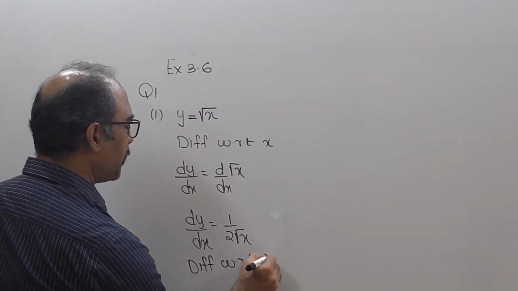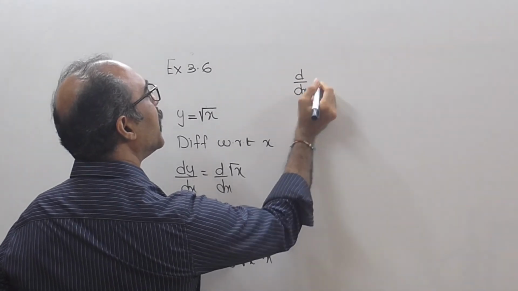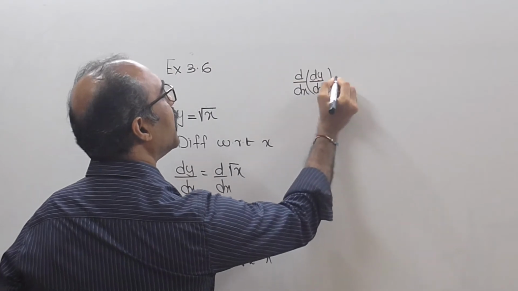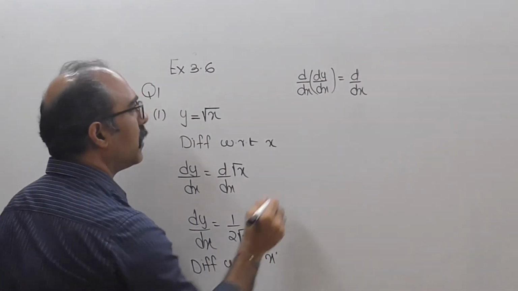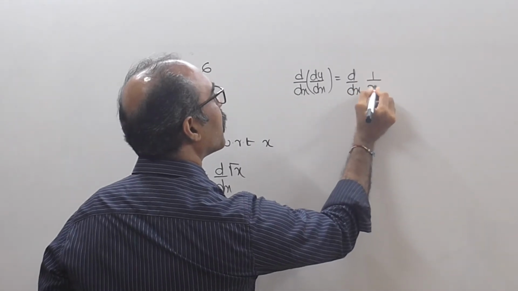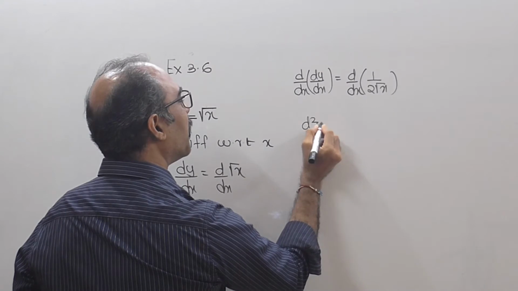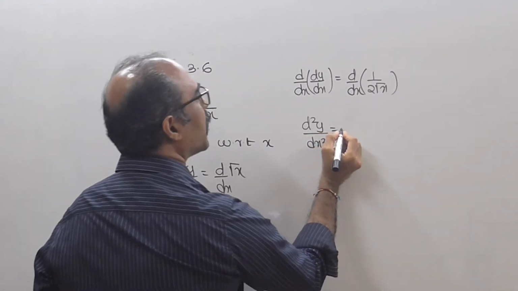So again you differentiate with respect to x. So we get d by dx of dy by dx equal to d by dx of 1 upon 2 root of x. So derivative of dy by dx automatically will become d square y by dx square.